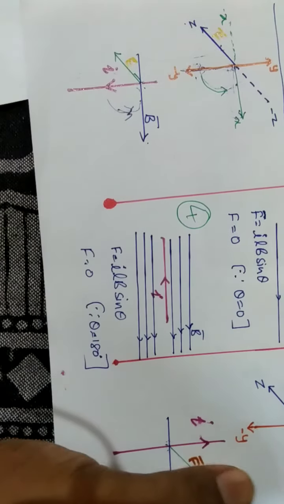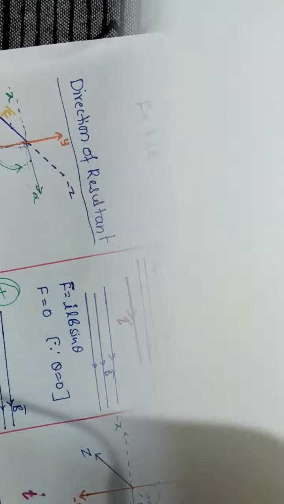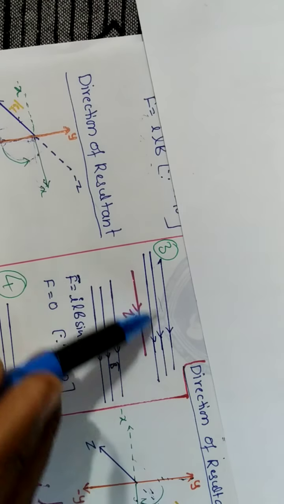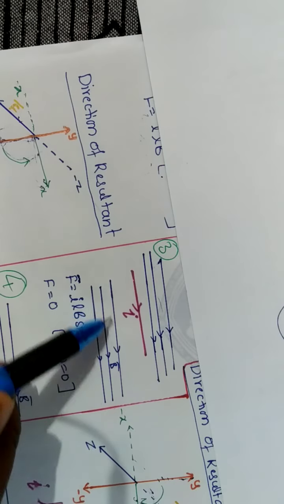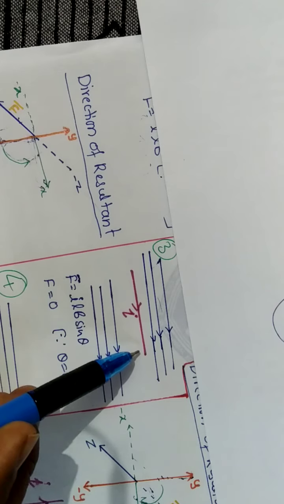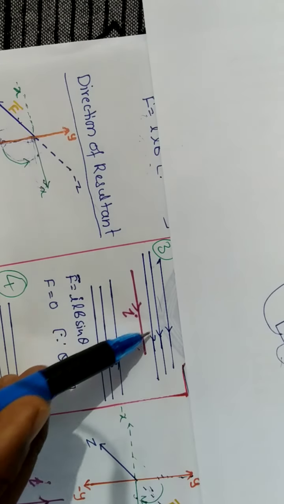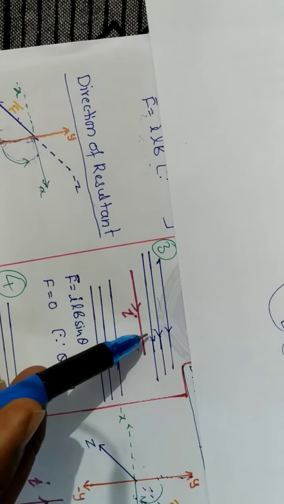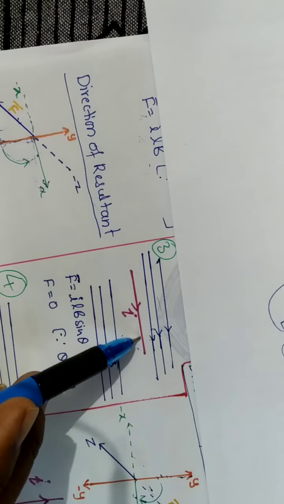Now we will consider two more situations like this. We have a magnetic field line. The blue line indicates the magnetic field. We placed the current also in the horizontal direction, parallel to this magnetic field. Now we will calculate in which direction the force will be acting on this wire.